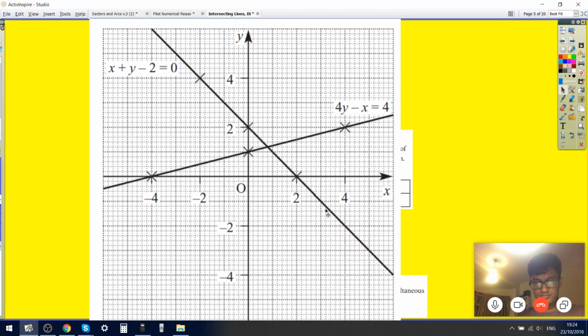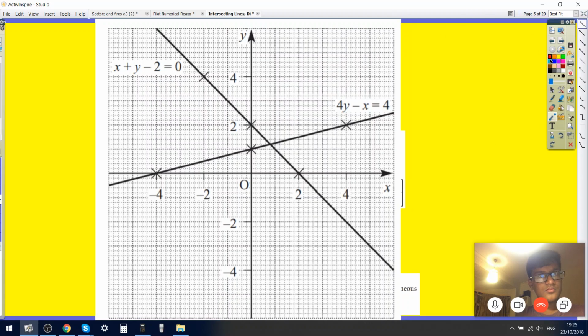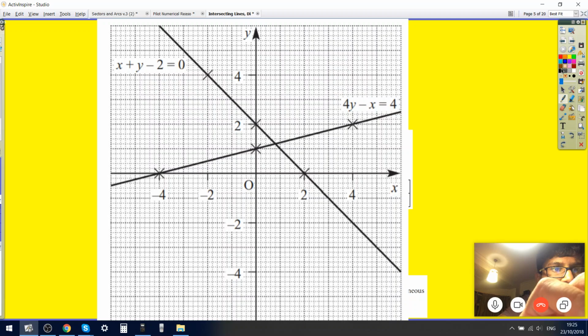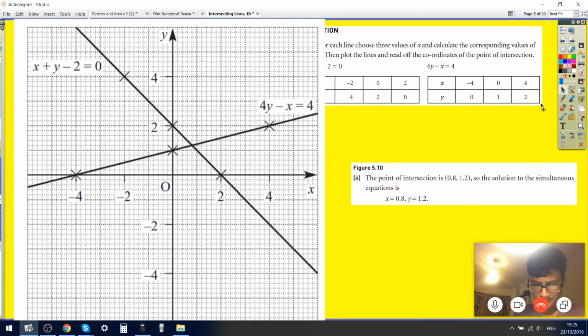And so how can you use that to estimate the solutions? So it will be less than 1, right? Yeah, mine's a bit less than 1. So I'd say about 0.8, and then 1.2. That looks about right. So 0.8 and 1.2.